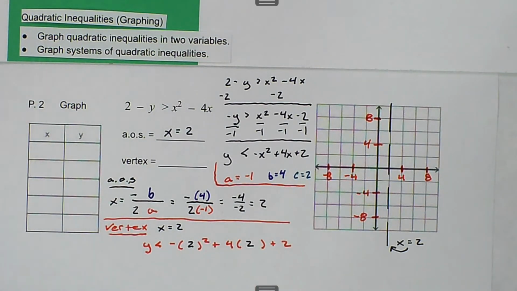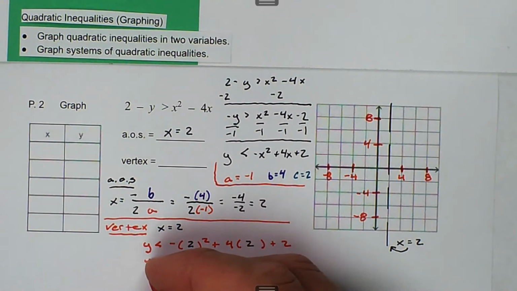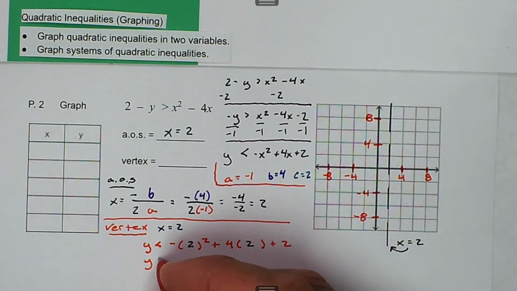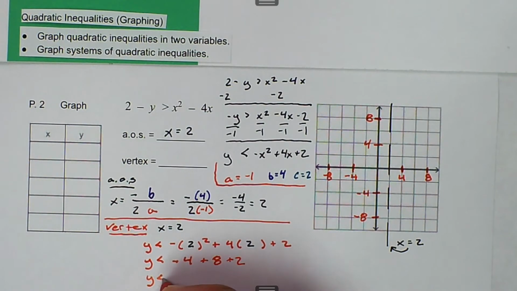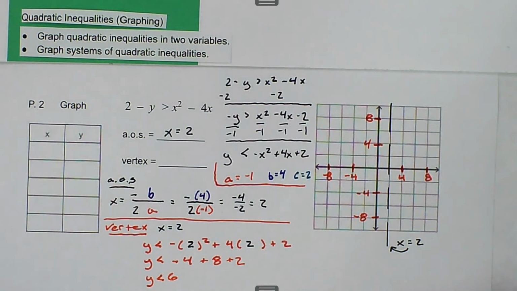So we get y is less than 2 squared is 4 times negative 1 is negative 4. 4 times 2 is 8, plus 2. Negative 4 plus 8 is, excuse me, 4. Plus 2 is 6. So y is less than 6.